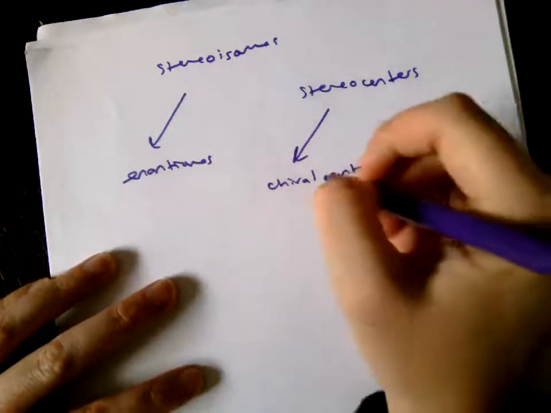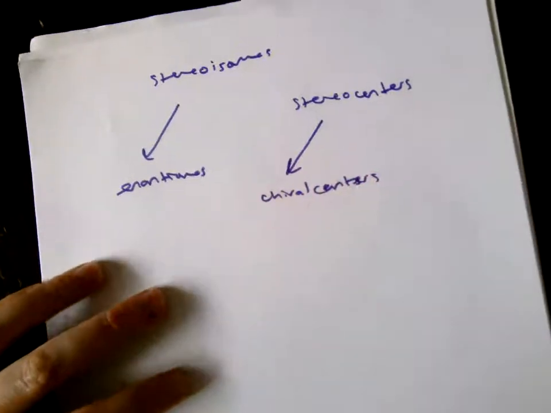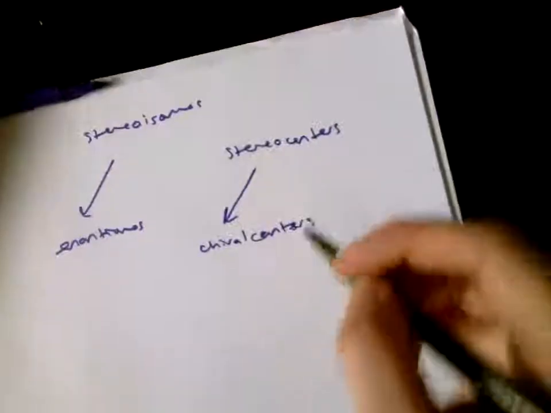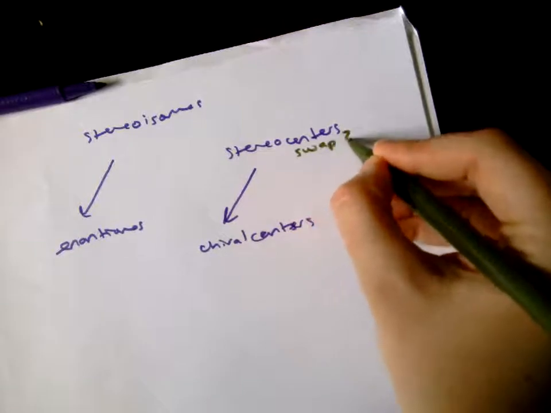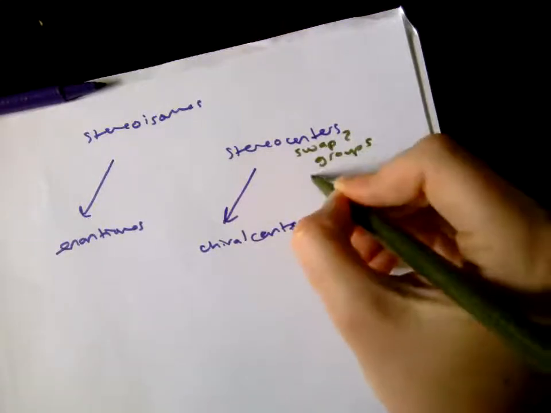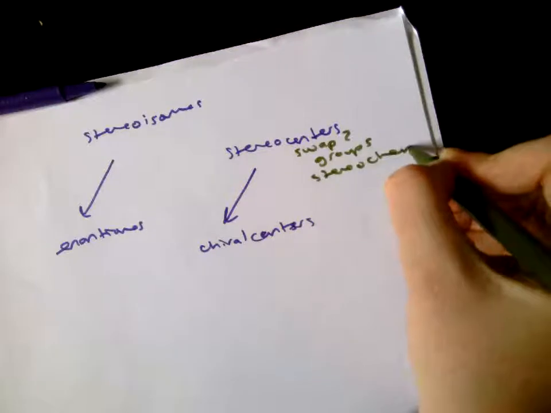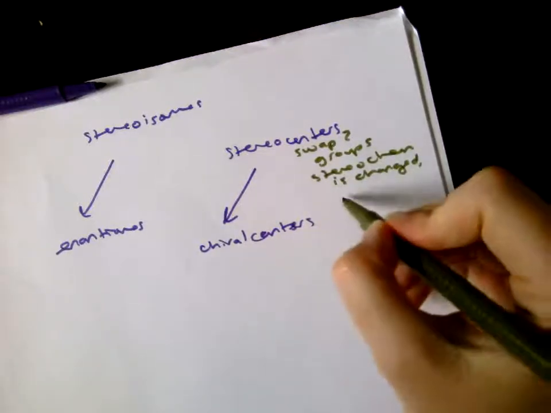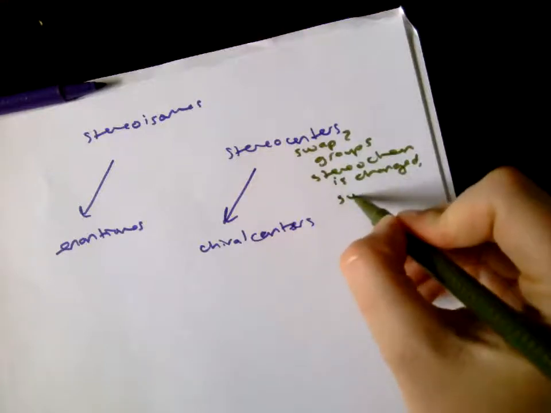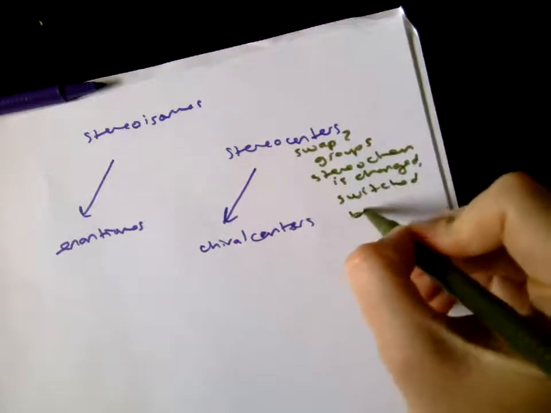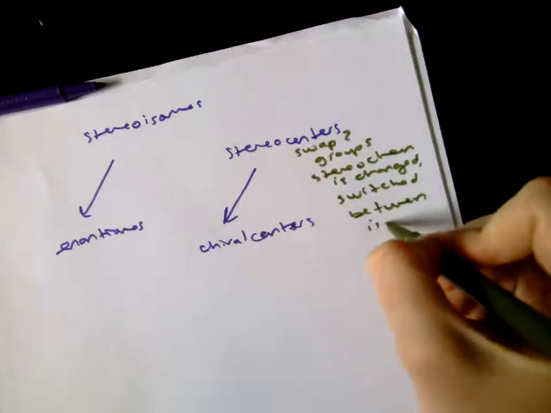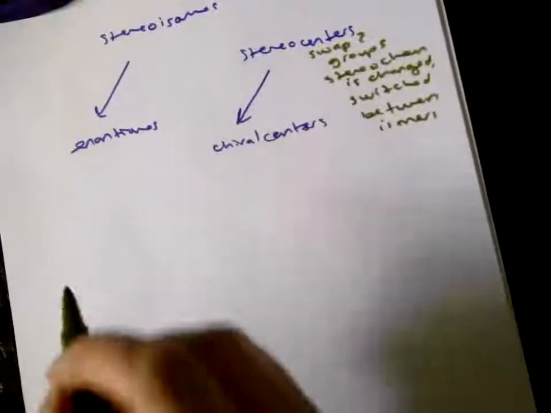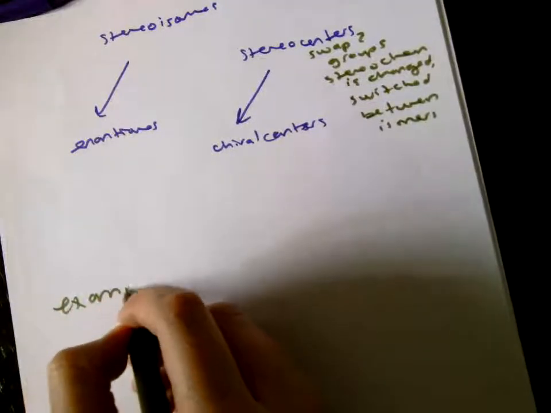So, chiral centers. Okay, so broadly, stereocenters are if you swap two groups, the stereochemistry is changed, and now you've switched between isomers. Okay, so that's the definition of stereocenters. So examples of stereocenters.